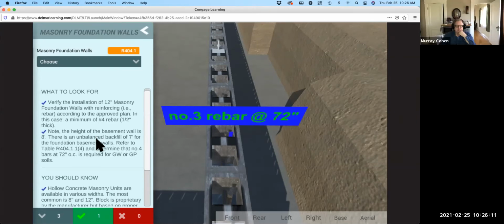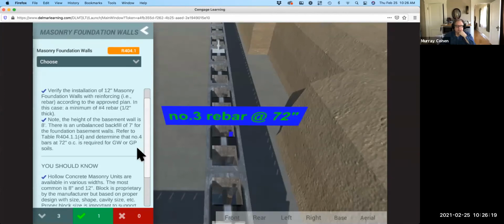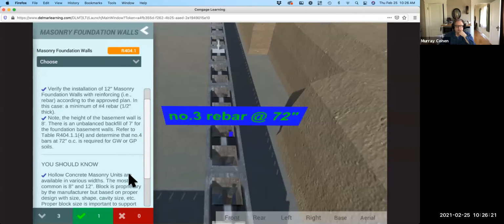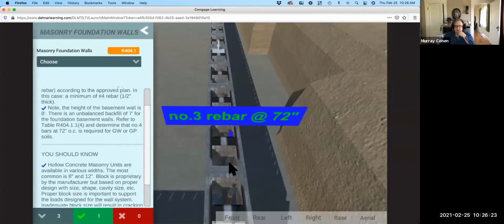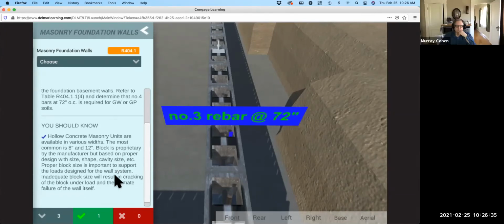There is an unbalanced backfill of 7 feet for the foundation basement walls. You should know hollow concrete masonry units. These are hollow. Hollow means there's nothing inside of it. It's just empty. Hollow masonry units are available in various widths. This is a little more information.